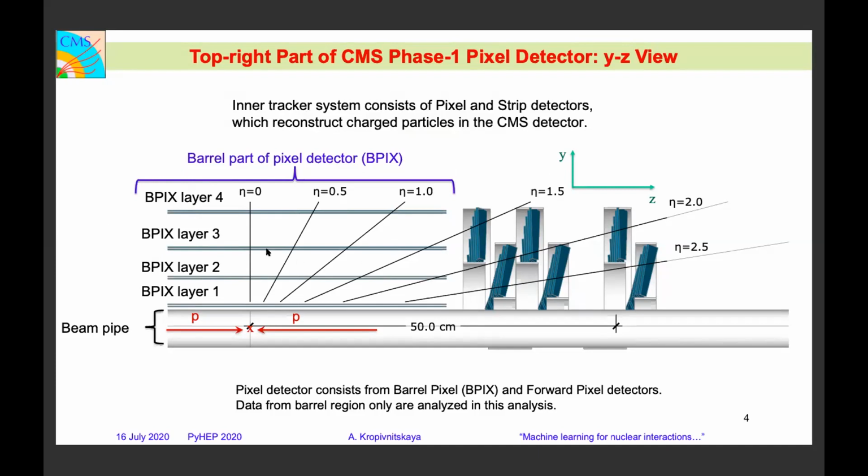Our analysis is limited to the barrel part of the pixel detector, which consists of 4 layers, layer 1, 2, 3, and 4. This detector is situated just near the beam pipe, and the beam pipe is the vacuum tube where the proton-proton collision occurs inside of the CMS detector.